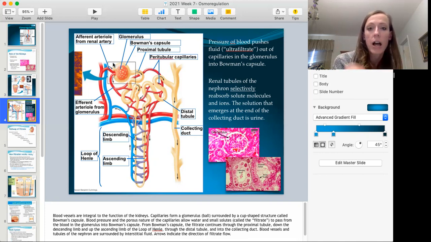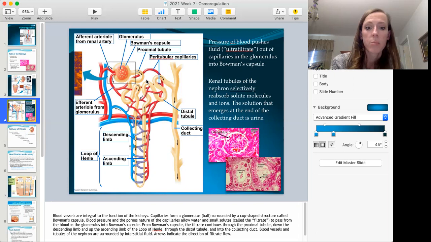So our blood can retain water and excrete then urine with a higher osmolarity, okay, relative to the rest of our body fluids. And like I said, the juxtamedullary nephrons are largely responsible for those, as we'll see in the next few slides.